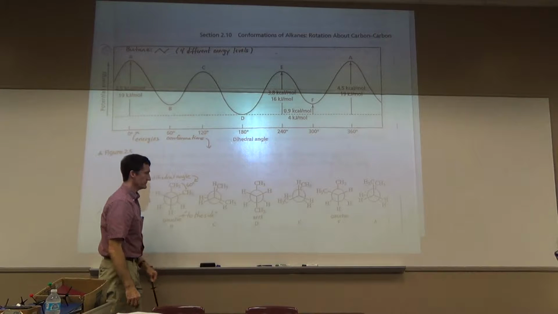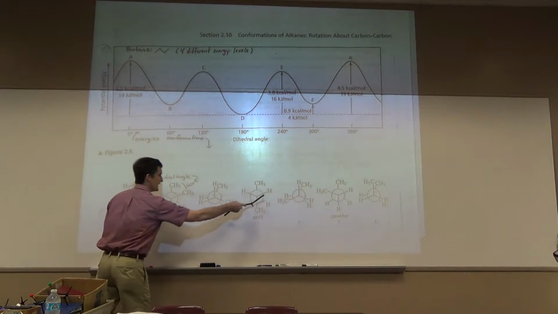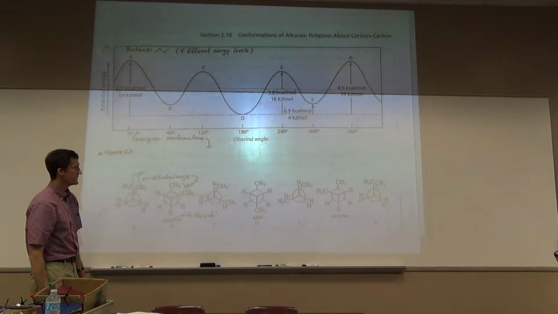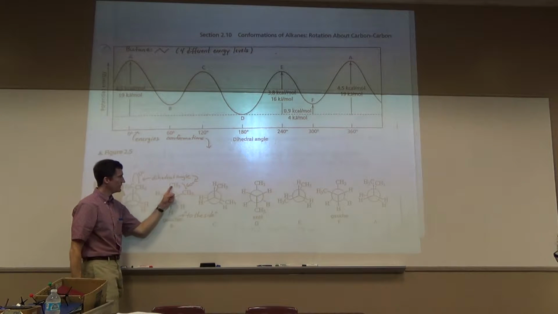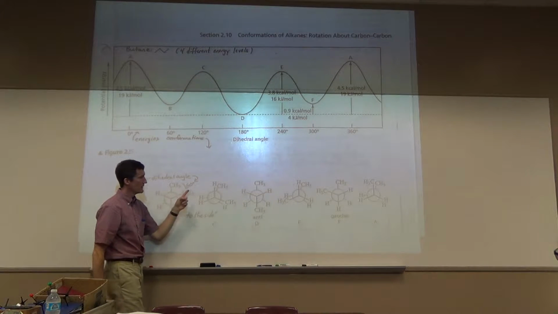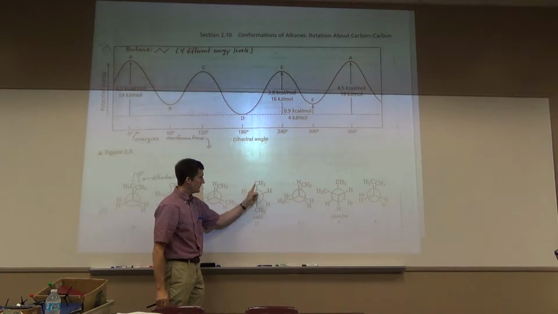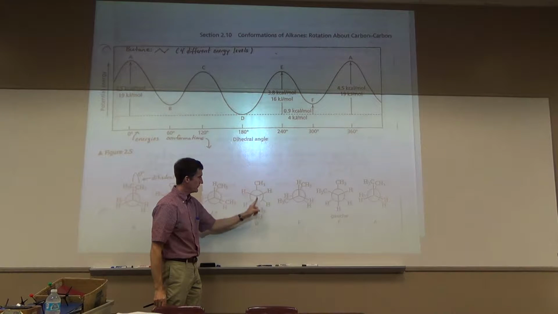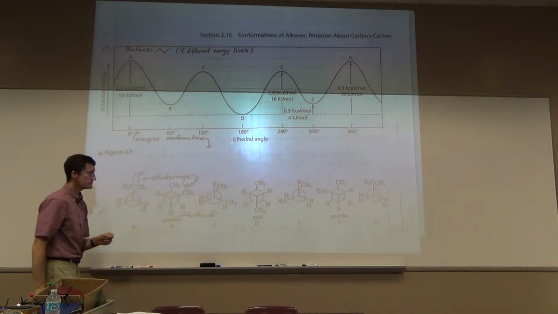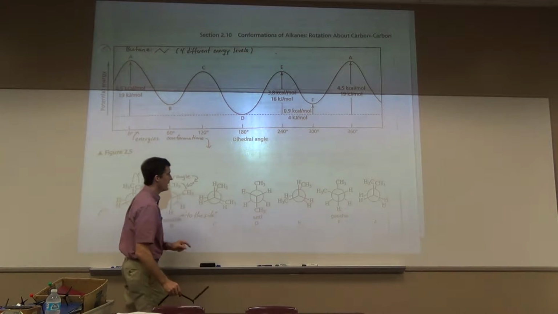That's staggered. But is this staggered the same as this staggered? They're not, because in this staggered, the methyls had a dihedral angle of 60 degrees. Here, the dihedral angle between the methyls is what? 180. 180, okay?